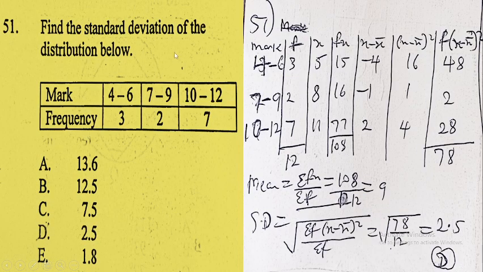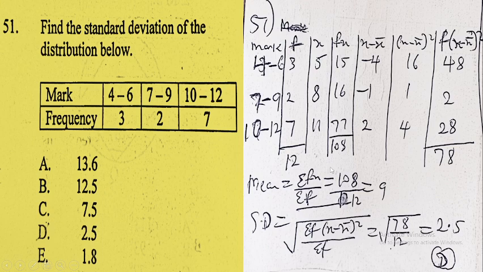Then question number 51, we have to find the standard deviation of the distribution. Standard deviation, so that's a measure of dispersion. We are given the class interval and the frequency. So we know that to find standard deviation, we have the square root of summation f into x minus x bar squared over summation f. So that means we need the mean, which is x bar.